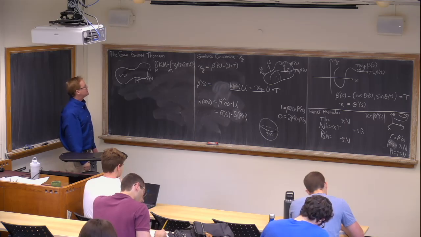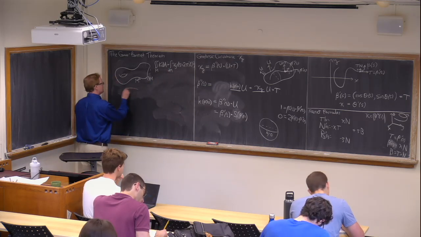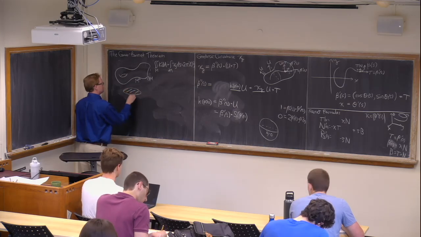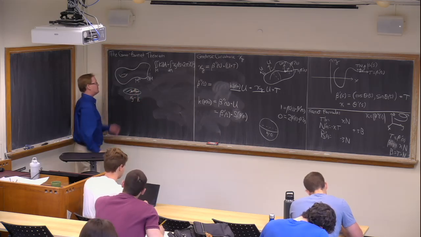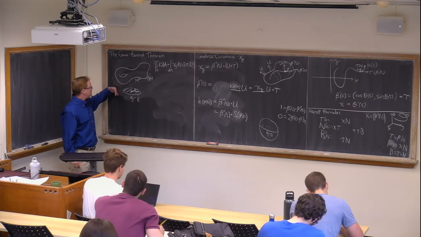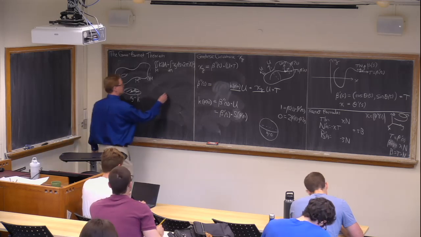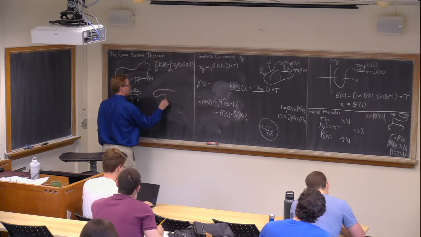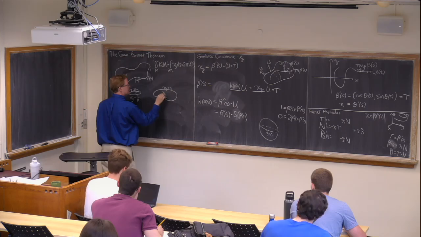And in this convention, just to be clear, when you have a disk of radius r, the geodesic curvature is 1 over r. But it's positive. You can think of it as when you're curving towards the surface, it's positive curvature. Now think of a disk where there's a place where it curves back on itself. Here the geodesic curvature would be positive, but between here and here, the geodesic curvature would be negative.